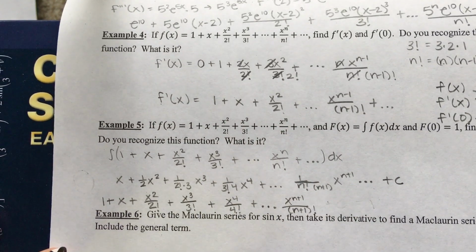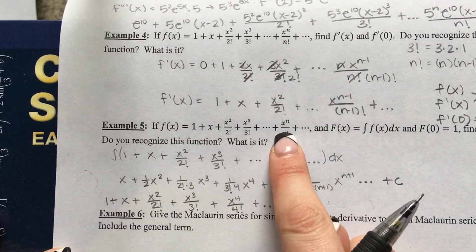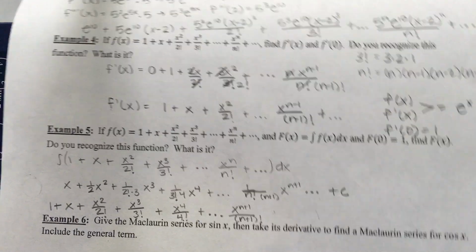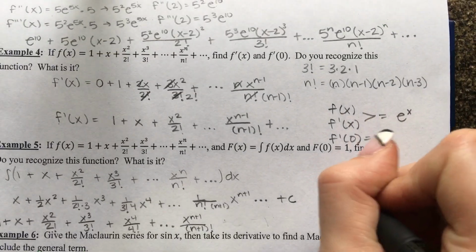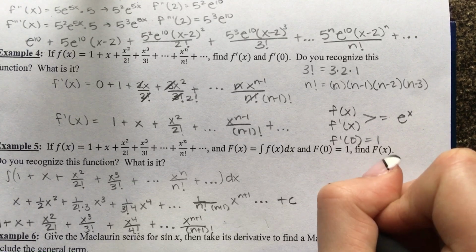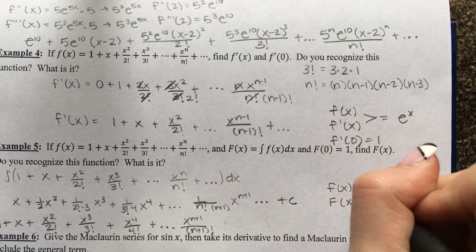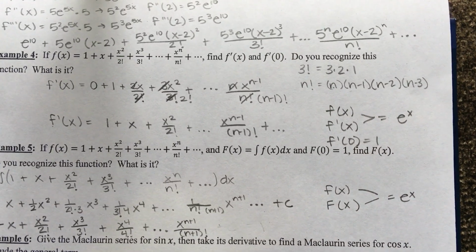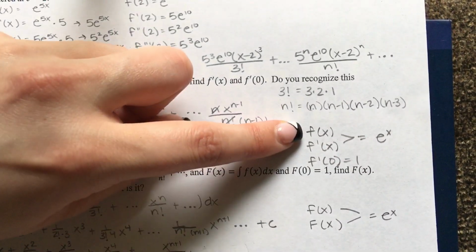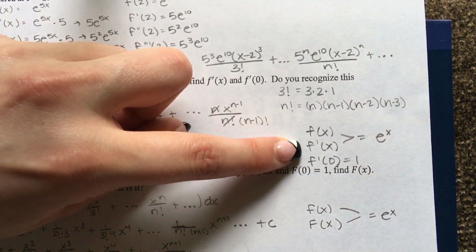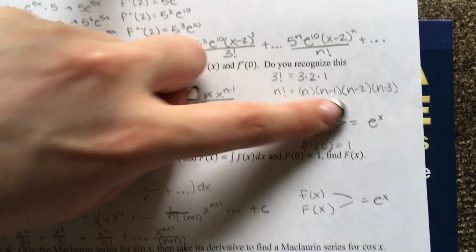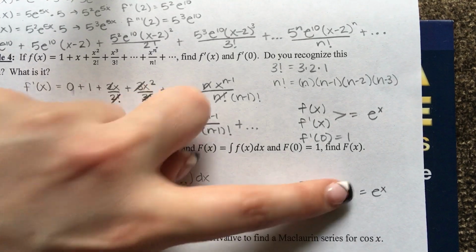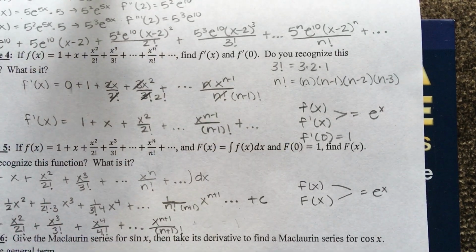All right, so again, you'll notice this is the same as this, and hopefully you'll recognize that this function, lowercase f of x and uppercase F of x, are both e to the x. We were doing it both ways. If I take the original function and then take its derivative, they both happen to be e to the x, or if I take the original function and then take its antiderivative, they both happen to be e to the x.